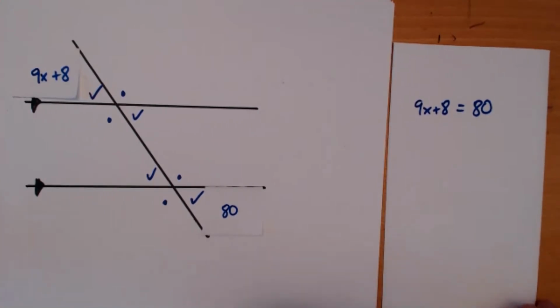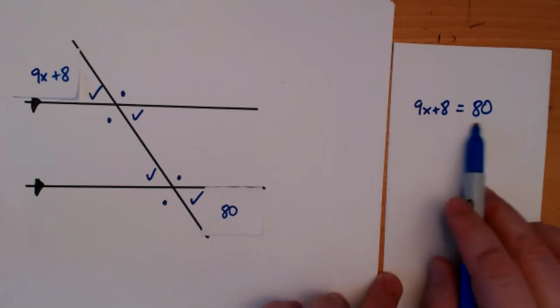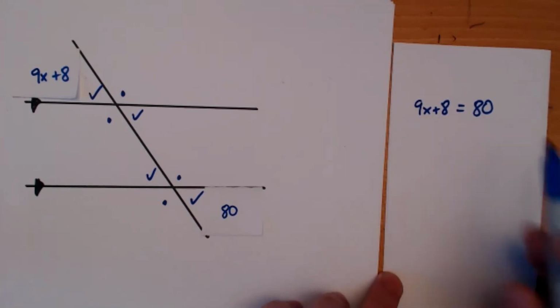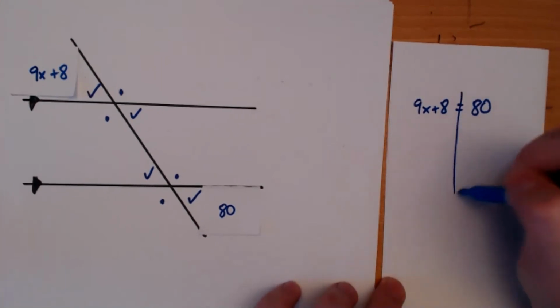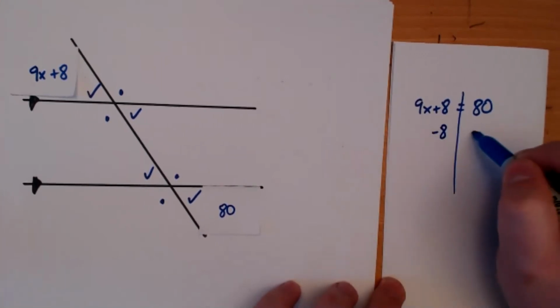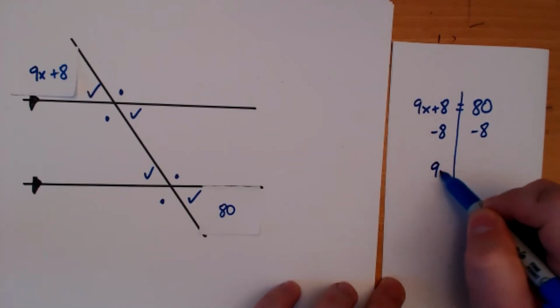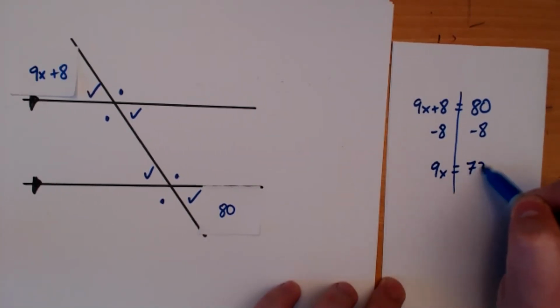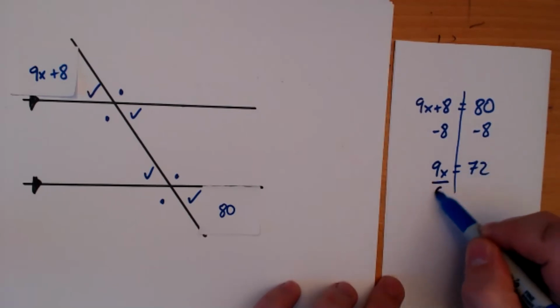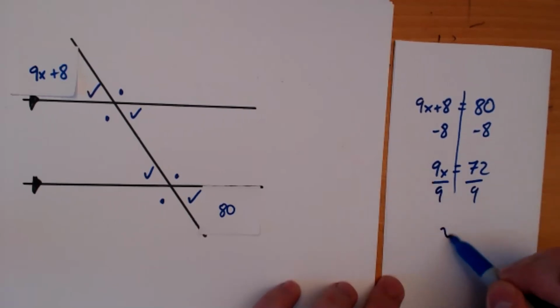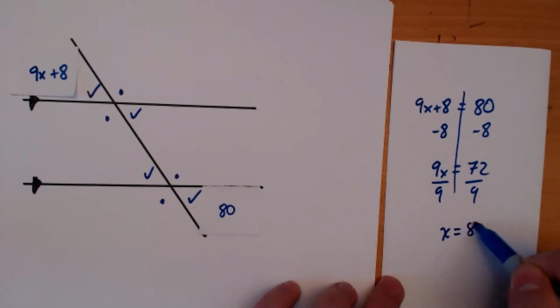Now you could go into Desmos and graph this and then graph that, and it'll give you an answer. Or you could do some old school algebra. And now divide by 9, and x equals 8.